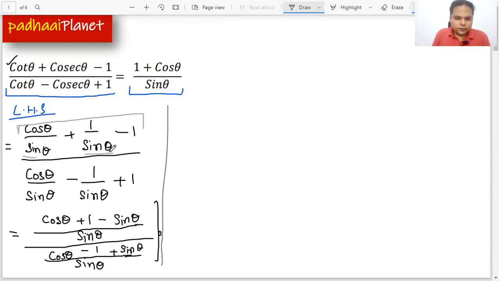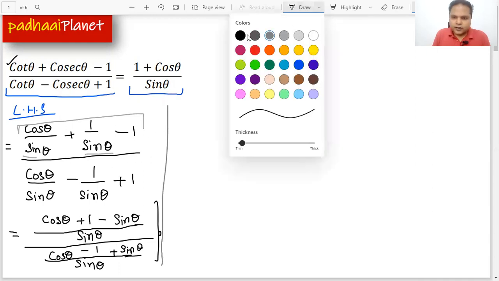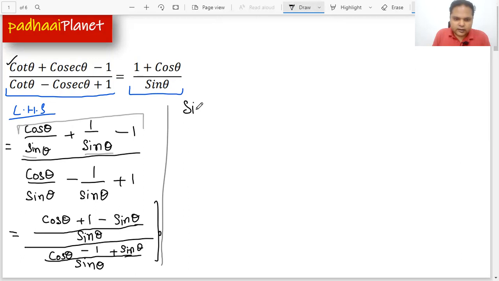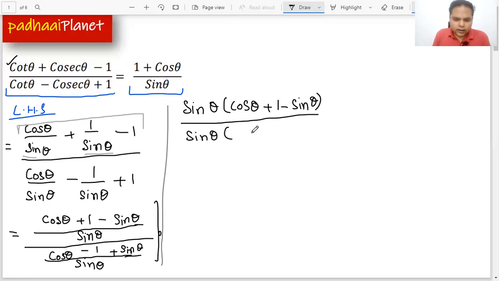We will further simplify it, and when we do, we get sine theta and cos theta plus 1 minus sine theta, divided by, again, a sine theta here, and cos theta minus 1 plus sine theta, correct?